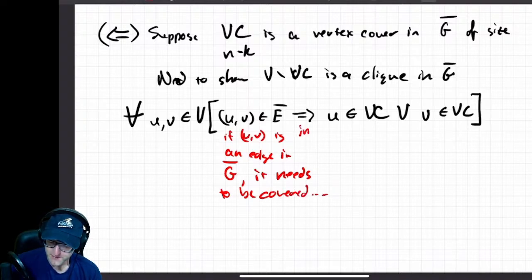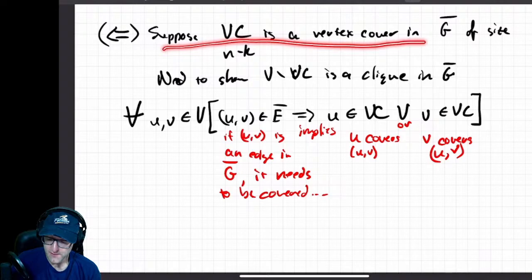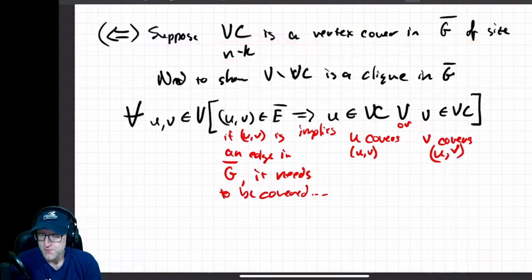That implies that u covers uv, or v covers uv. Again, that's my premise. Suppose VC is a vertex cover, and so that's just by definition.